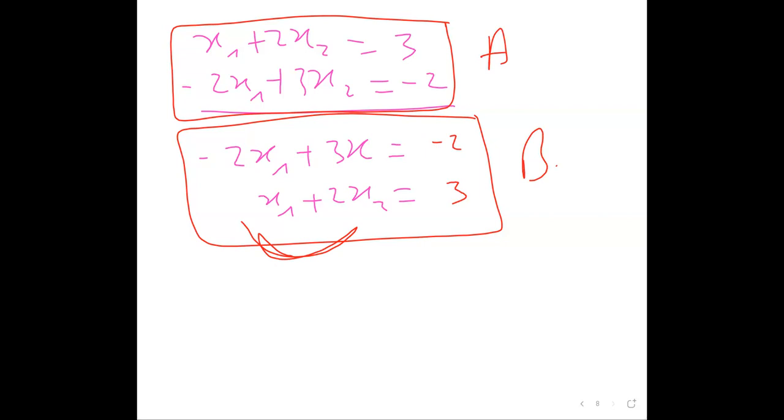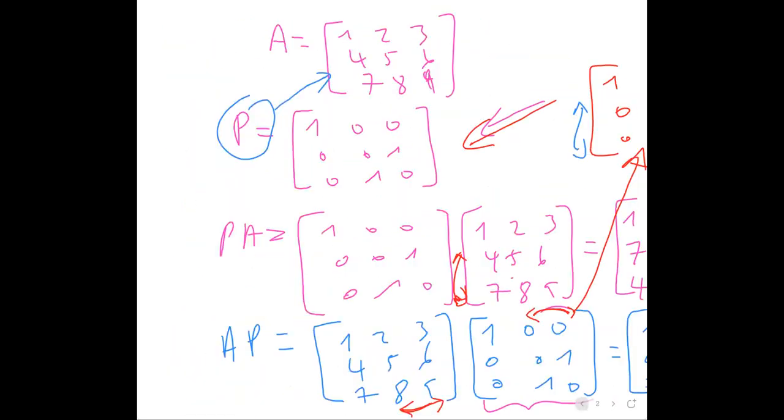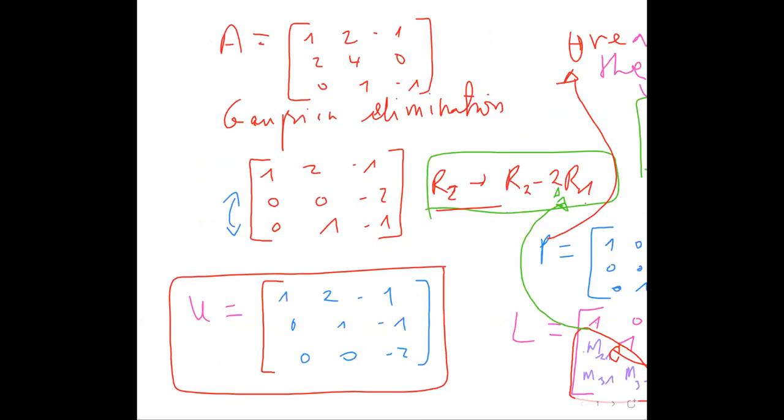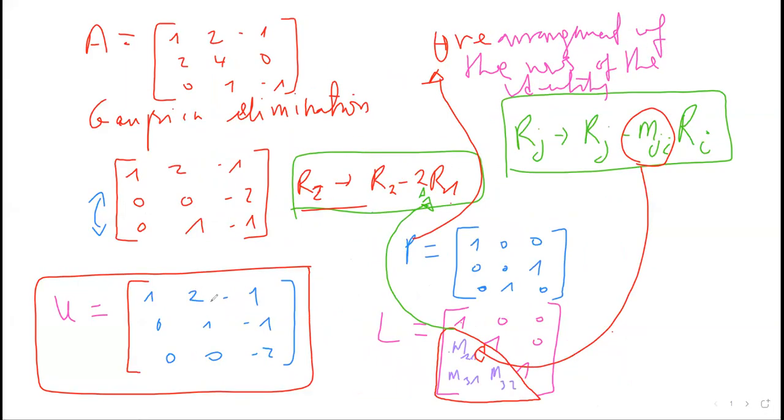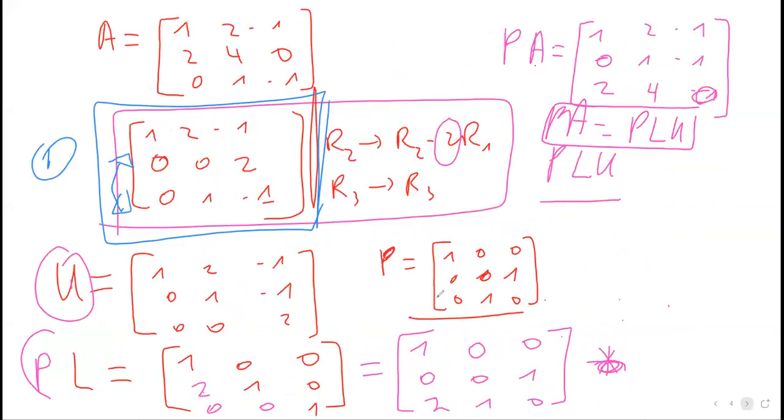This is why I kept saying, if you do a row exchange here, then you must do a similar one on the right, because if you do not, you are solving a different system.